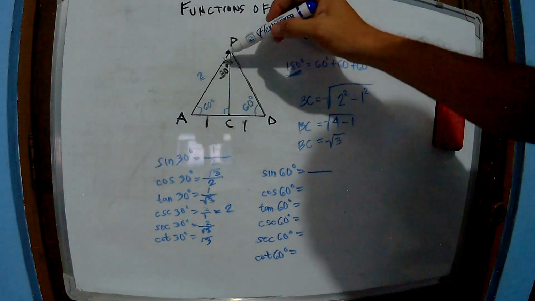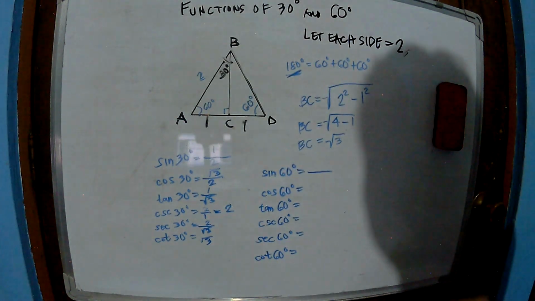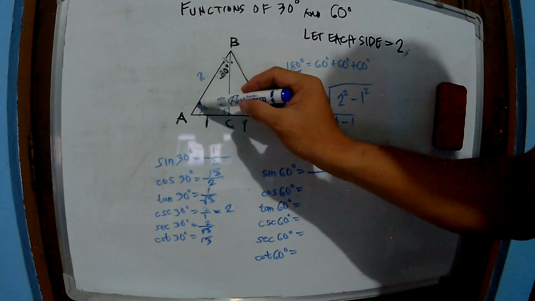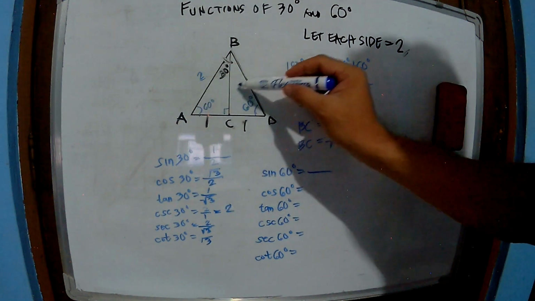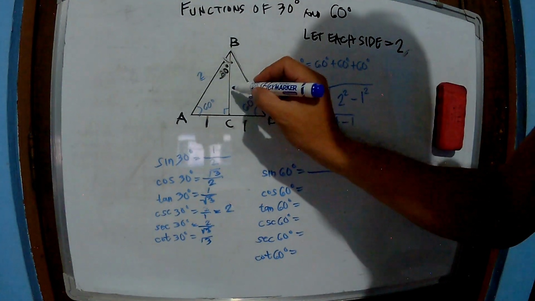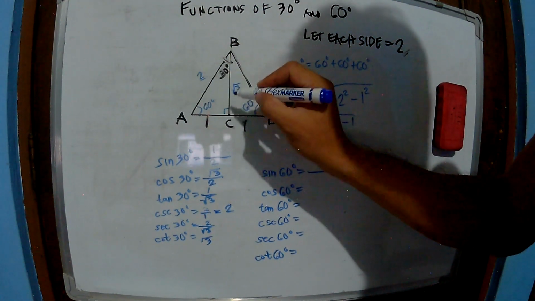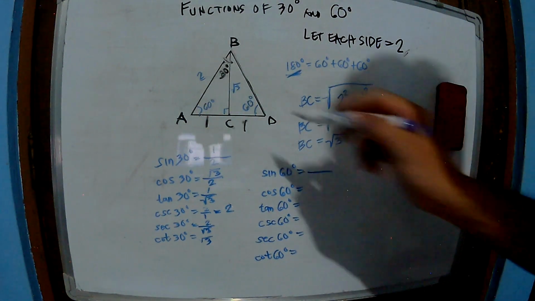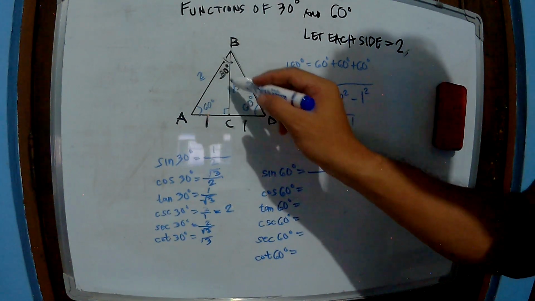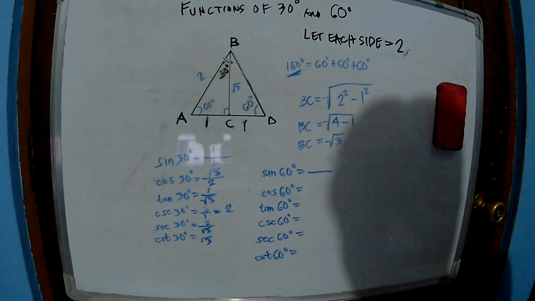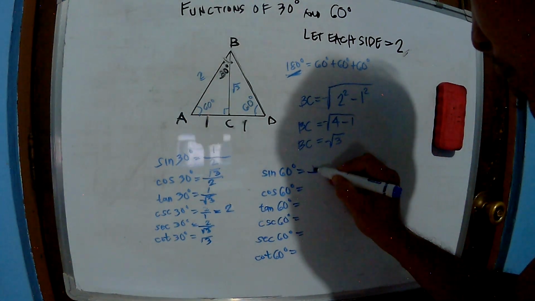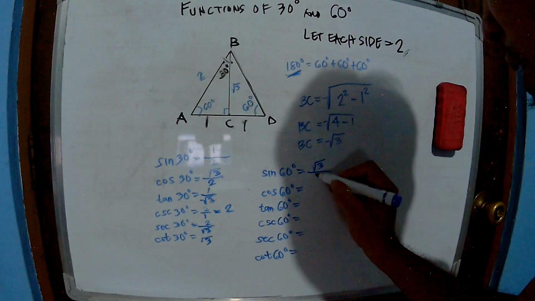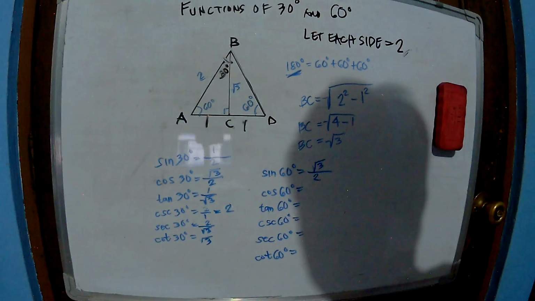So referring to this triangle ABC, sine of 60 degrees, so we will focus at this angle. Let's label this as square root of 3 because the length of this side is square root of 3. So this will be the opposite over the hypotenuse, square root of 3 over the hypotenuse 2.